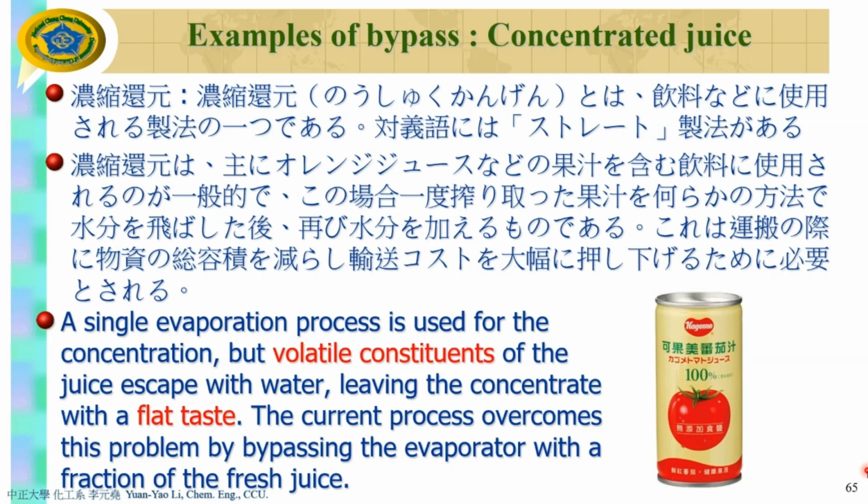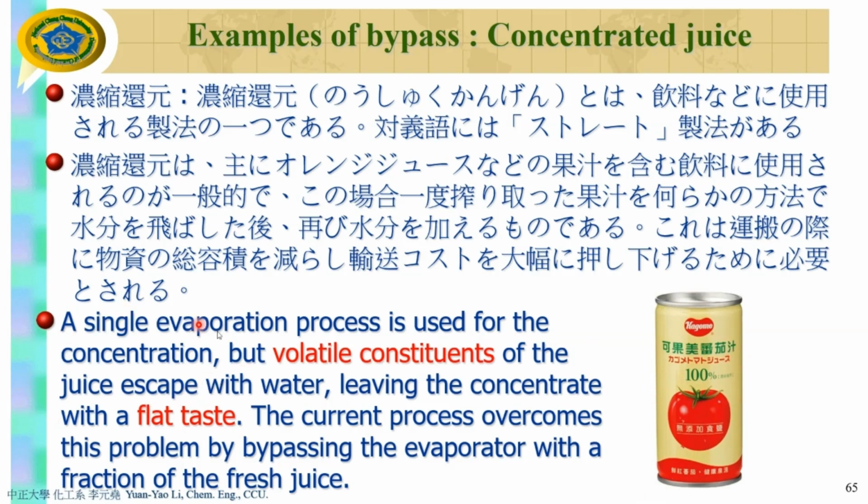So this is the bypass for the concentrated juice. When you have 100% pure concentrated juice in a can, that is 100%, right? But it's different from the 100% juice you buy in the supermarket, and the taste might be a little bit different. Of course, this is cheaper. Why?